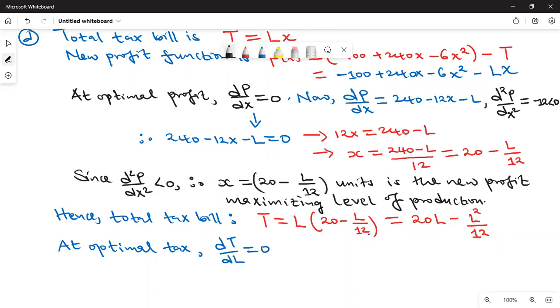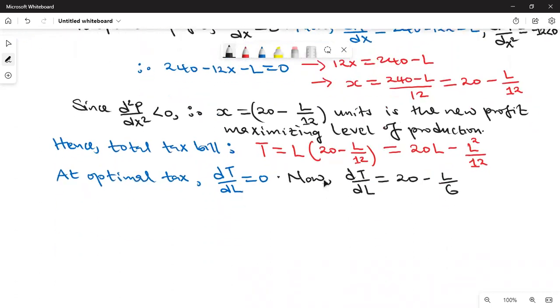So let's differentiate. dT with respect to L is equal to (20 minus 2L) over 12, which is (20 minus L) over 6. And so when you equate it to 0, what are we going to get?